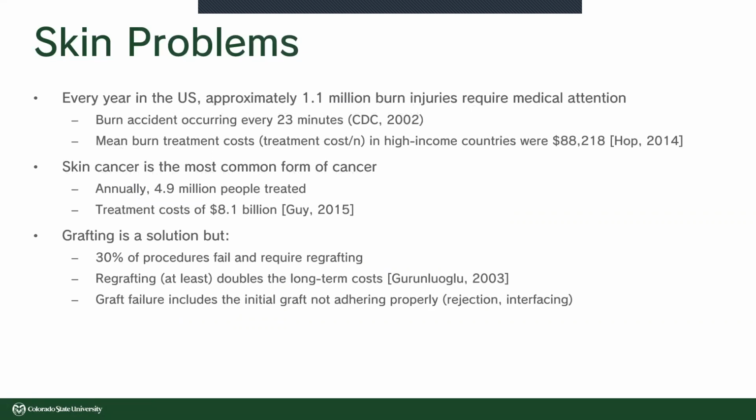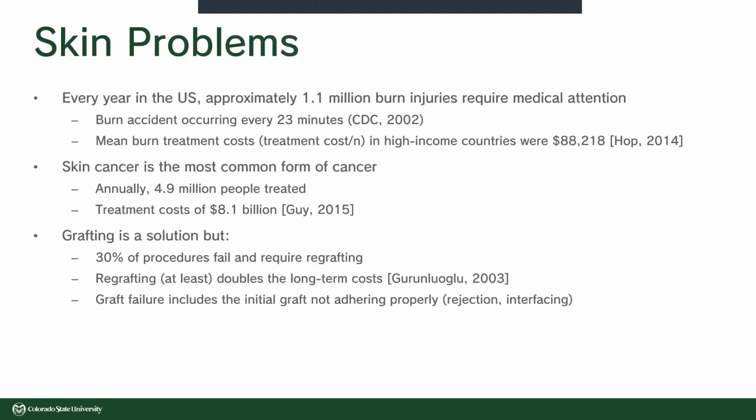Now, not all of the burn accidents are severe, but if you actually take the cost and split this over all the different individuals, so the treatment cost over N, where N is the number of individuals, the mean burn treatment cost for high income countries is approximately $88,000. So somewhere like the U.S., where the treatments might range from $700 to $700,000, when you look at the mean value, it's quite high.